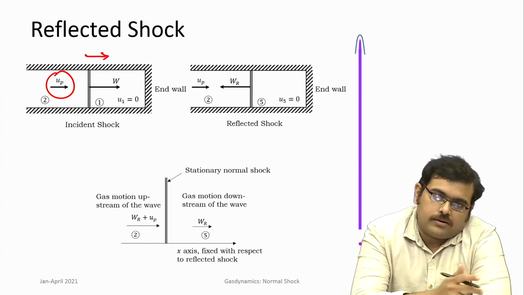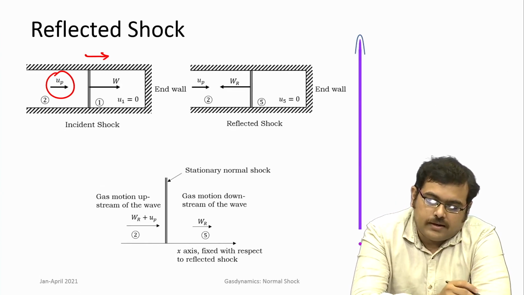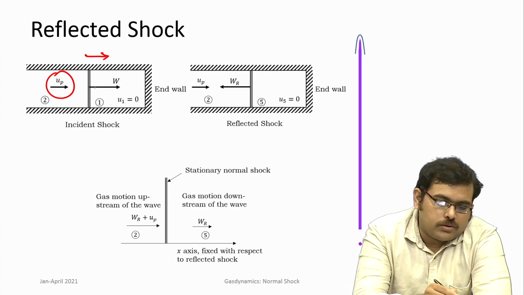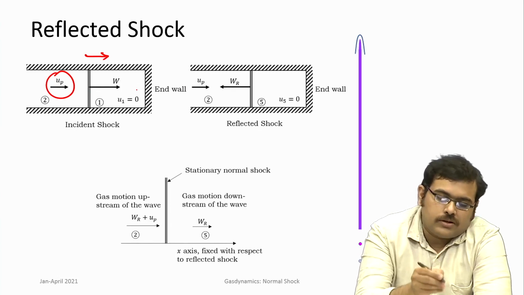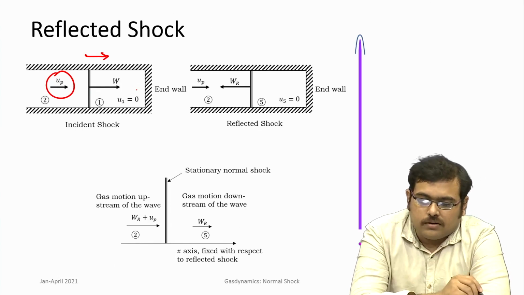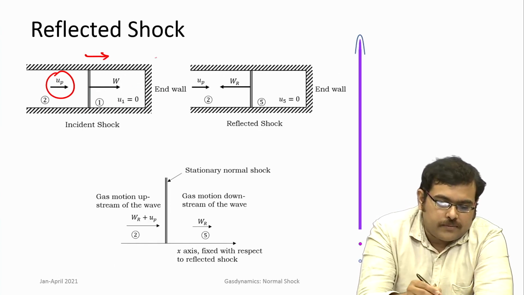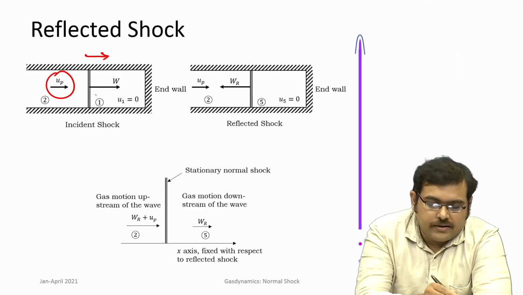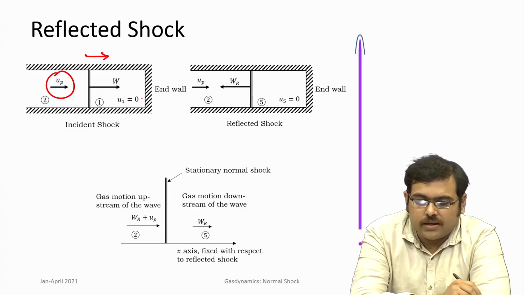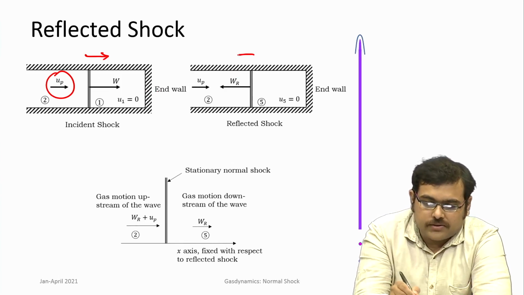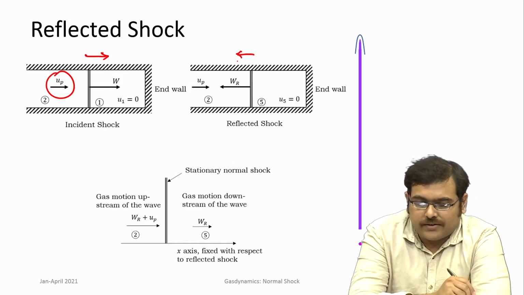You have rigid bodies which do not allow any motion through them. Therefore, the only way this can go about is that this shock goes and hits the end wall and reflects back. So, you have a reflected shock.